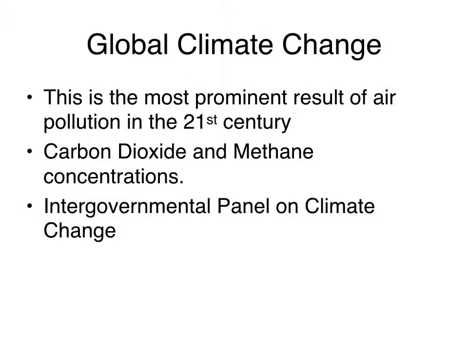The Intergovernmental Panel on Climate Change has made a number of conclusions: that warming of the climate system is unequivocal, and that it comes from human beings. This warmth is unusual, at least during the last 1,300 years.